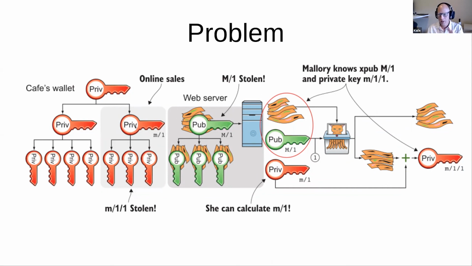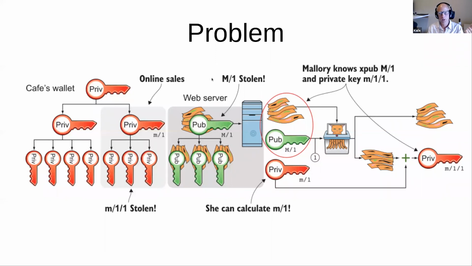Okay, but it doesn't end here. Suppose instead that someone manages to steal the master extended public key. I mean the public part, the public counterpart to this private key here.